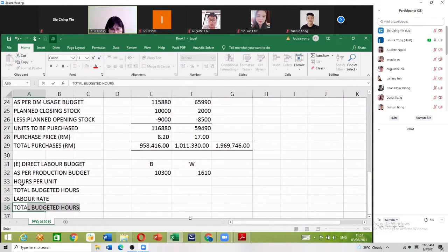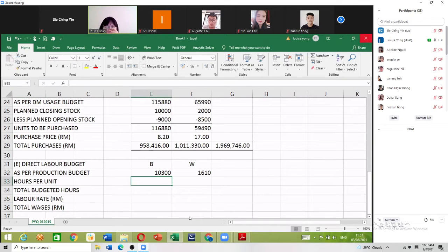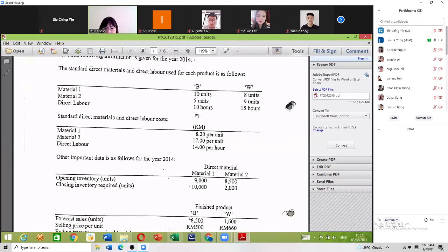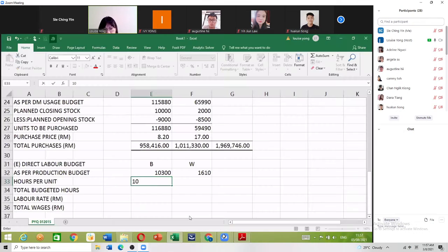Then this is your total wages, also in RM. How many hours does one unit need? Look back at the question: 10 hours and 15 hours. So this is 10, and W is 15.